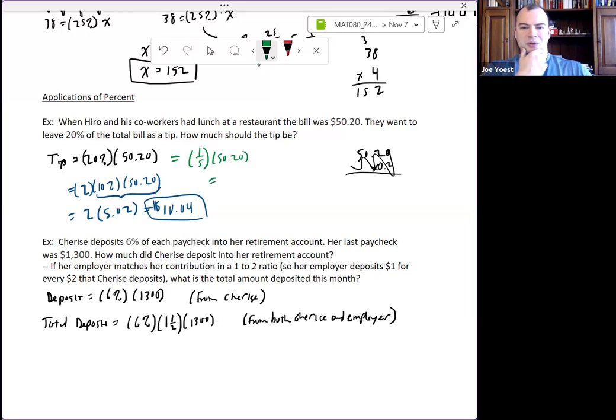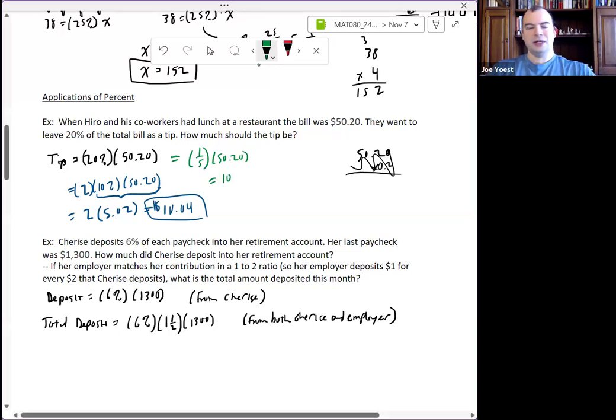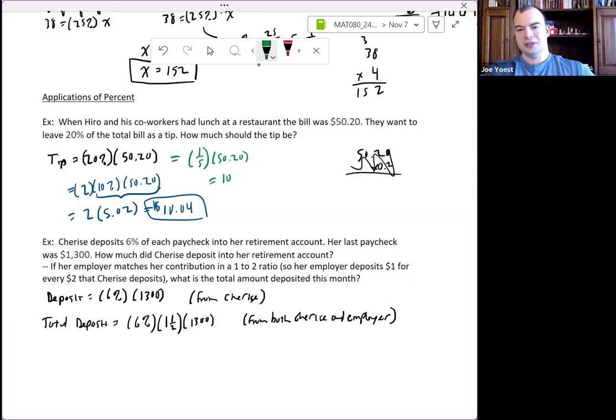So this is 1/5 of $50.20. That's like if I had 5 $10 bills, 1/5 of that is one $10 bill. So the number of dollars gets divided by 5. $50 divided by 5 gives me $10. And 20 cents divided by 5 is going to be 4 cents.